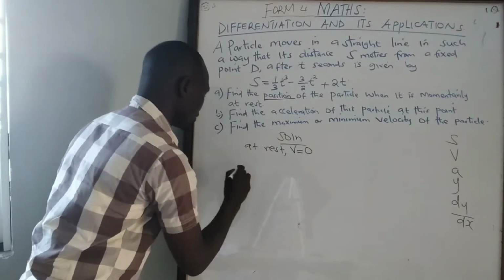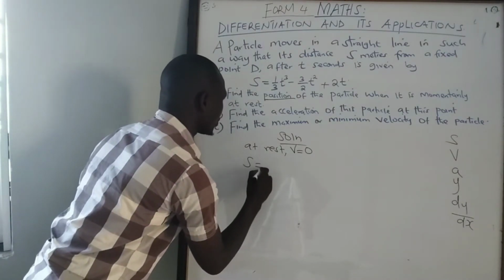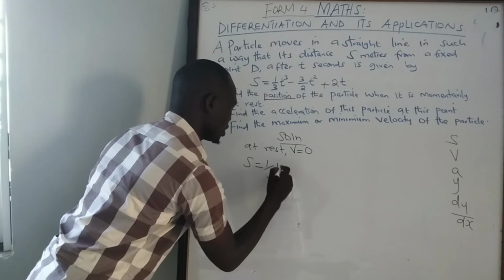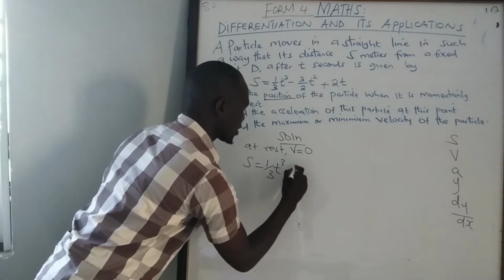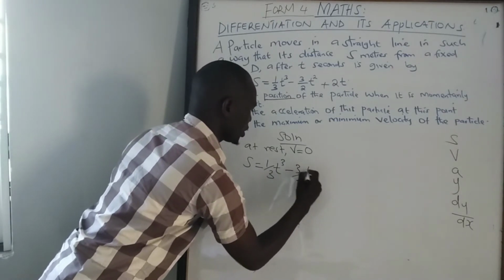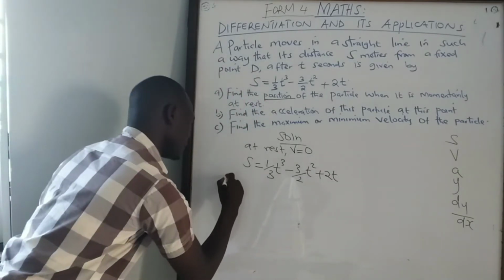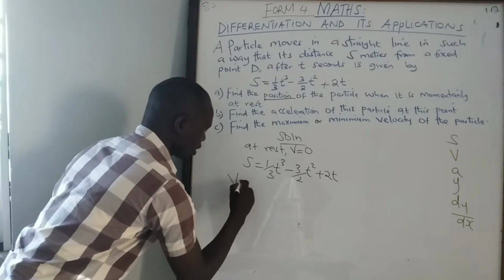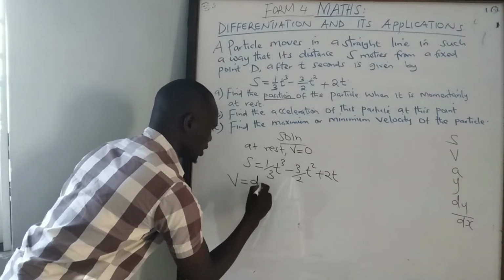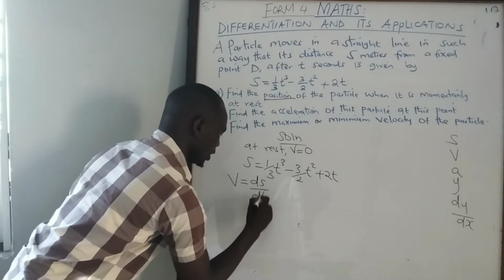Therefore, our function we have is s is equal to a third t cubed minus 3 over 2 t squared plus 2t. So for us to get the velocity function, velocity is always equal to the change in displacement over the change in time.